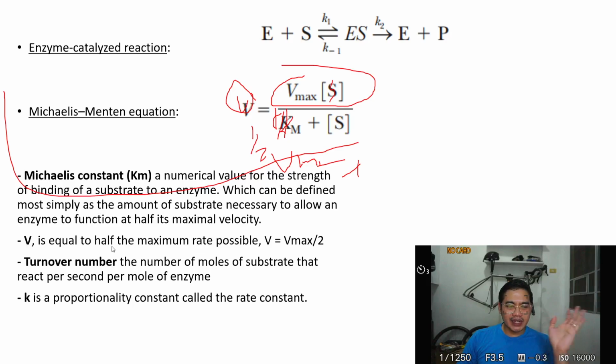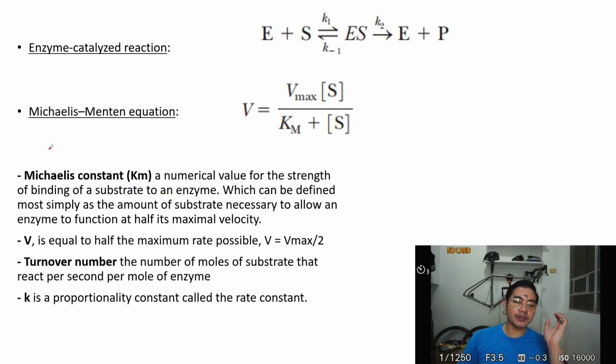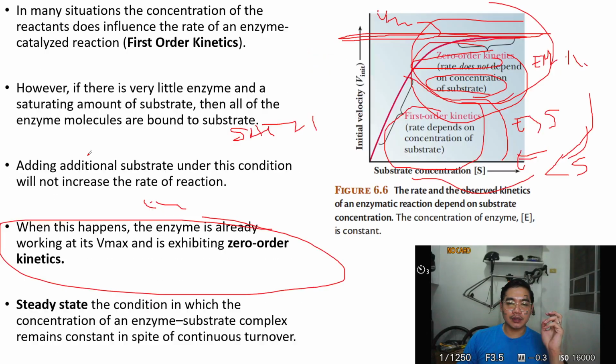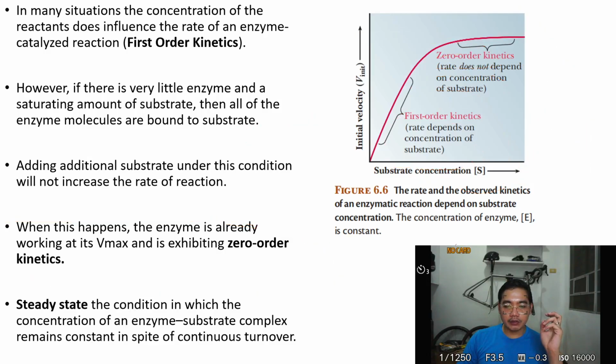It looks like a complicated formula, but simply put, your Michaelis constant is the concentration of your substrate, no? It is the substrate concentration that will give you 1/2 Vmax. So it is just used to calculate 1/2 of your Vmax. That is your Michaelis constant.